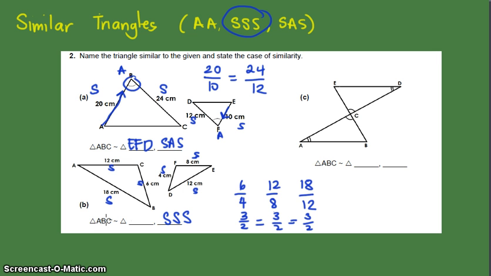Now to name the second triangle, let's check where is ABC. It goes A, B, and then C. 18 is the largest side, so it follows the largest side going to the smallest side. So when you look at the second triangle, you should follow the longest side going to the shortest side. So it should be E, D, and F. Notice I didn't go from D, E, F. Because if I do that, then I'm starting with the longest side, followed by the second longest side.